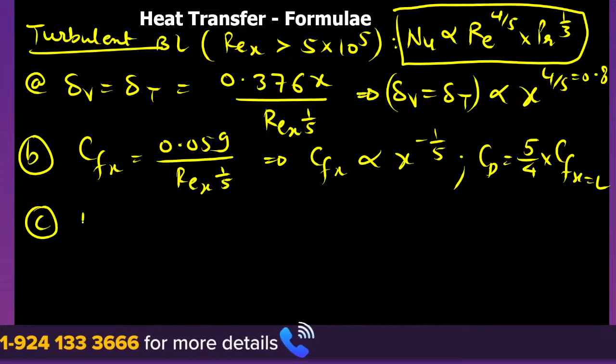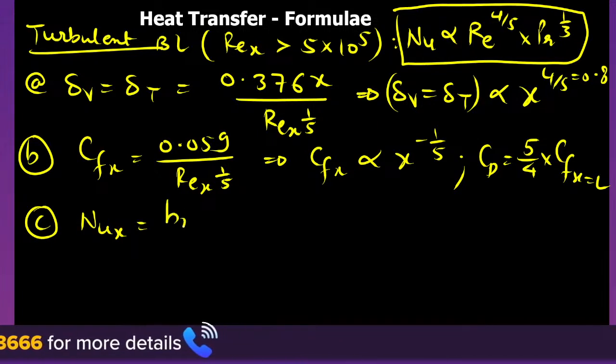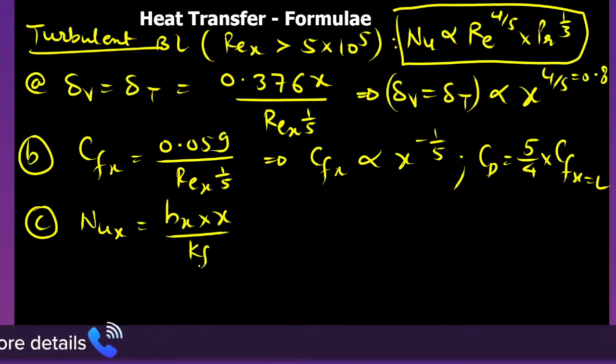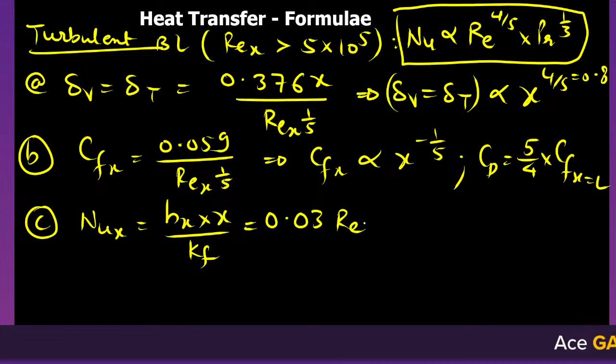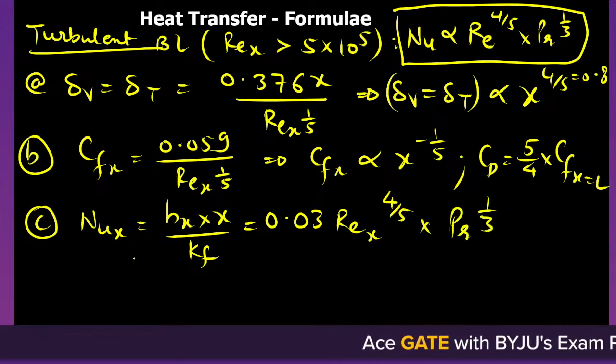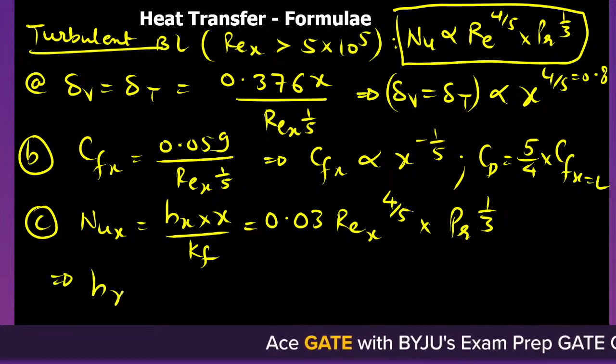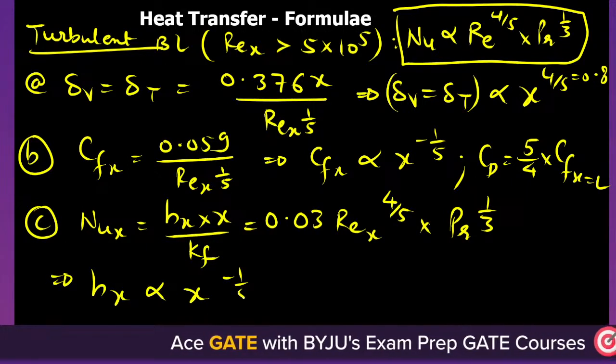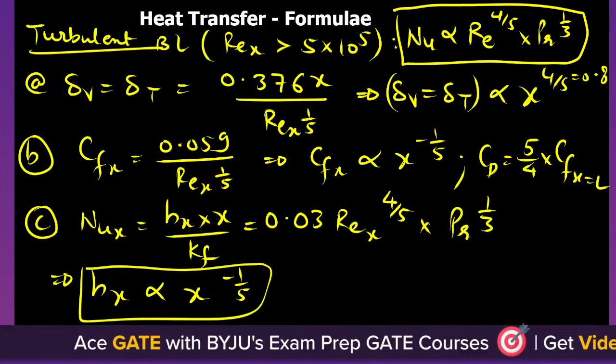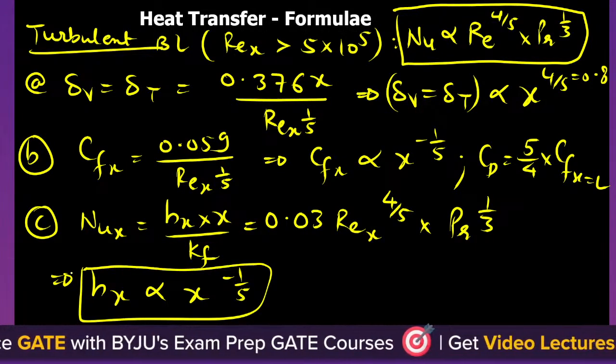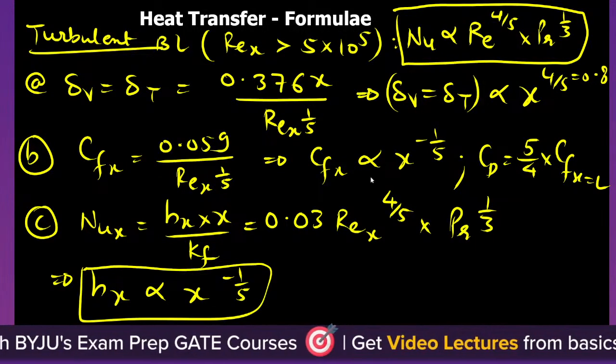Then another formula, local Nusselt number, that is Hx into x by thermal conductivity of the fluid, is given by 0.03 into Reynolds number to the power 4 by 5 into Prandtl number to the power 1 by 3. Can you develop a relation between Hx and x? Are you getting? Hx and x are related with x to the power minus 1 by 5.